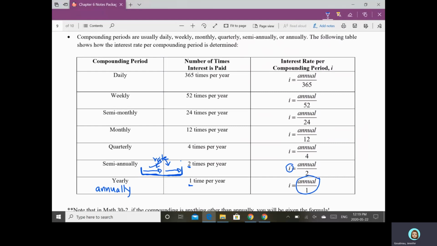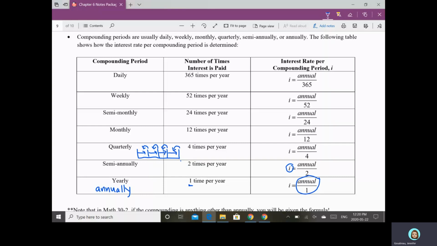When we are investing quarterly, that means that we are taking the year and we are dividing it into four parts. So we are compounding or adding the interest in 4 times per year. So we earn interest and then we add it in. We earn interest on that bigger amount, add it in. Earn interest again on that even bigger amount, add the interest in, and then earn interest again and add it in.